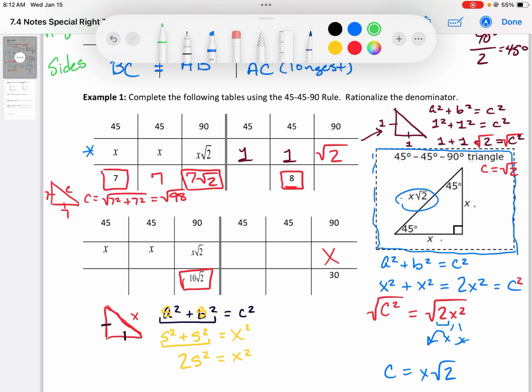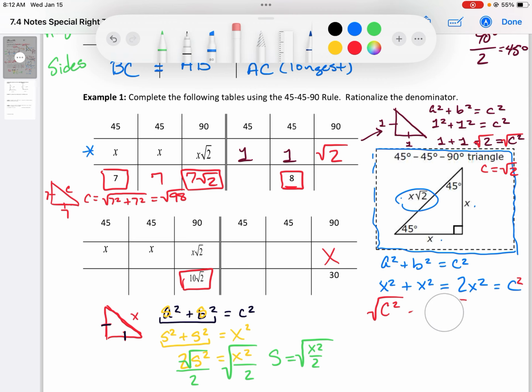And then if I were to divide by 2 and find the square root, I would have that the side of the triangle equals the square root of x squared over 2. Now, this breaks some of our rules for radicals.